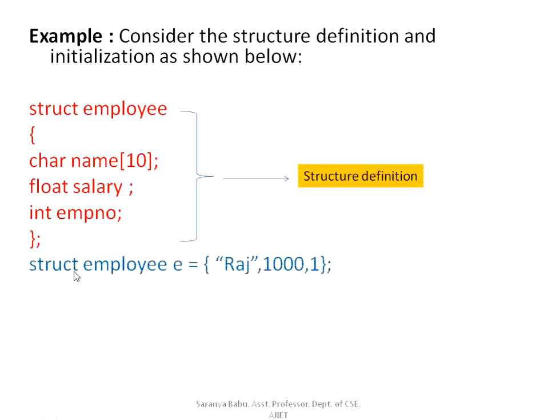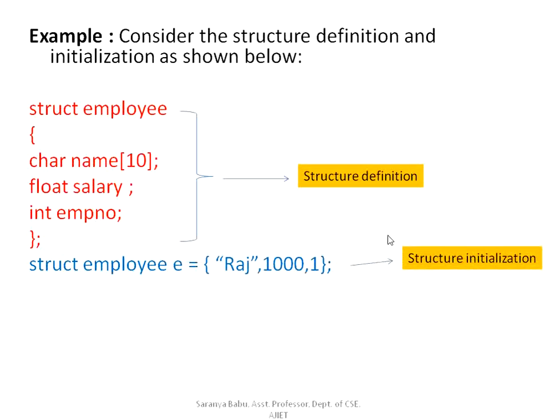Coming to the declaration and initialization, I'll do it in a single step. How should I do it? Starting with the keyword struct, next is the tag name. What is the tag name? Employee. Now this is the variable name that you can define. I'll just give it as E equal to Raj, 1000, 1. Raj will go to the first member, that is name. 1000 will go to salary. 1 will go to employee number.